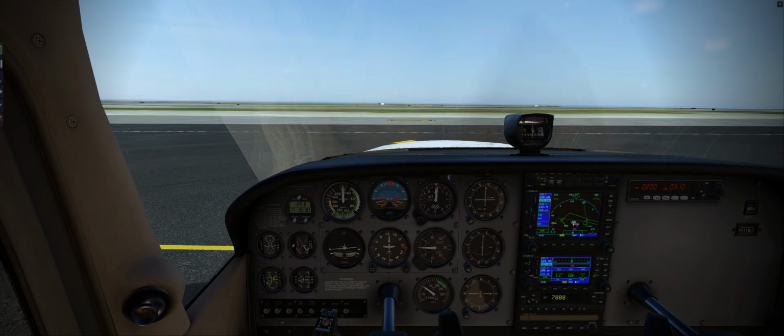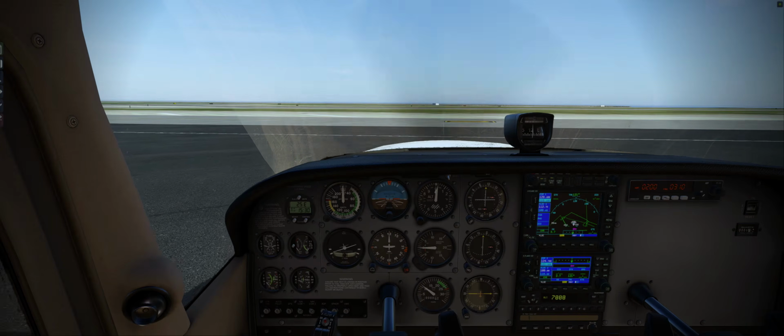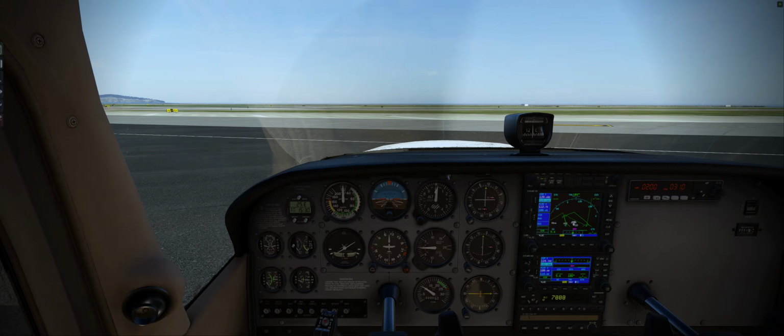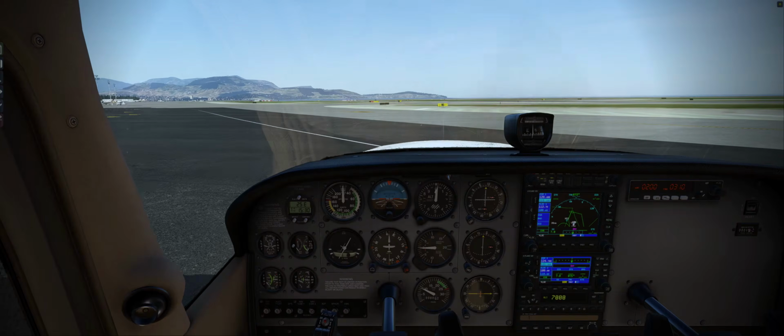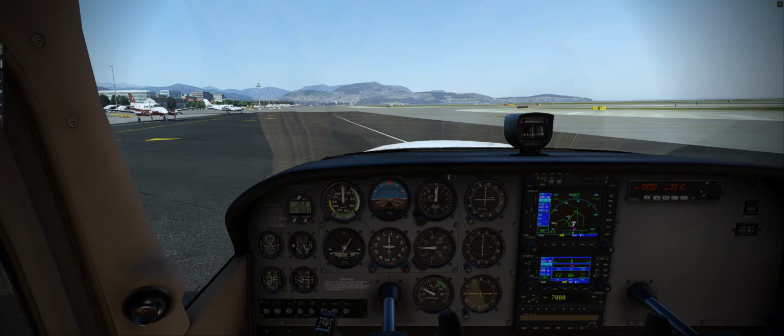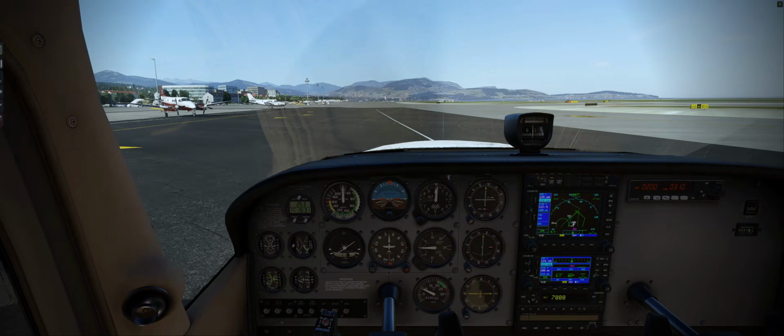It's very easy to just relax a little bit of that backstick pressure to the point where you've moved away from the desired airspeed. And that's where trim comes into play.